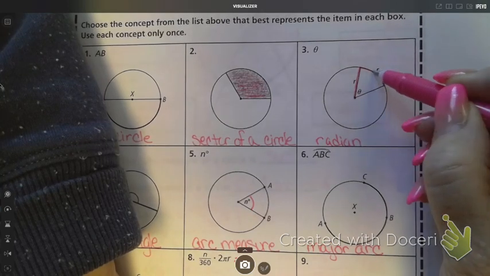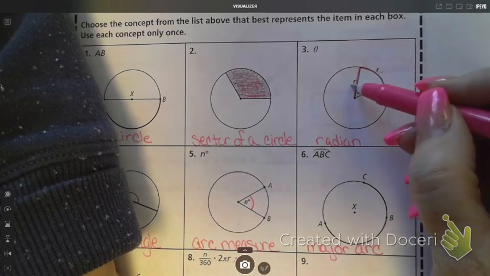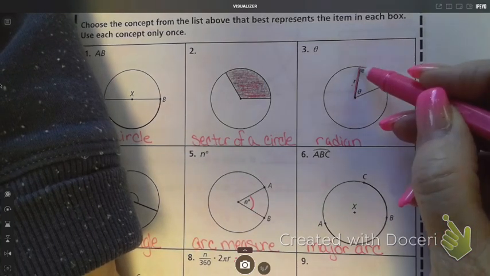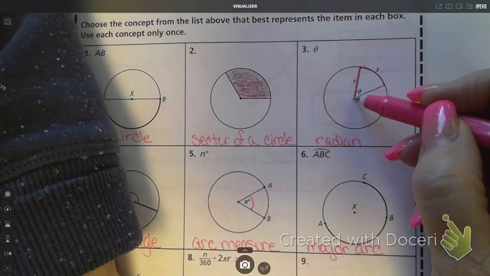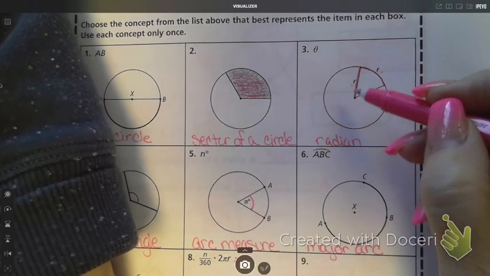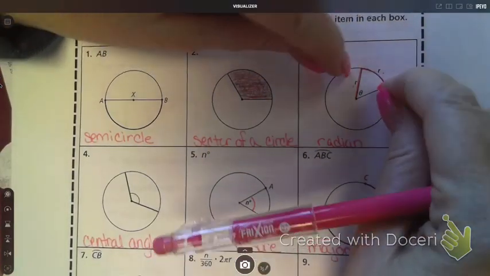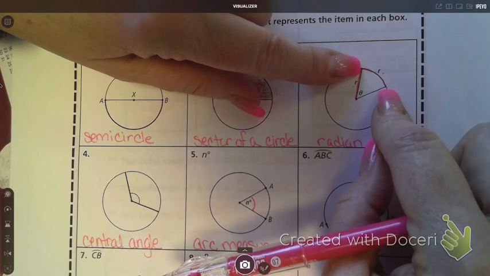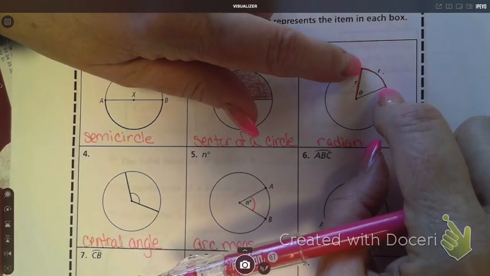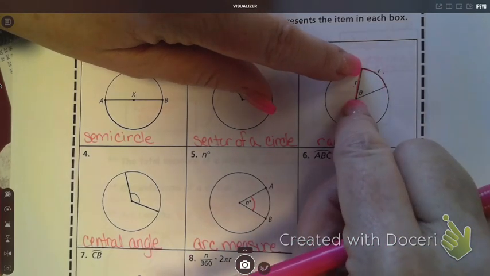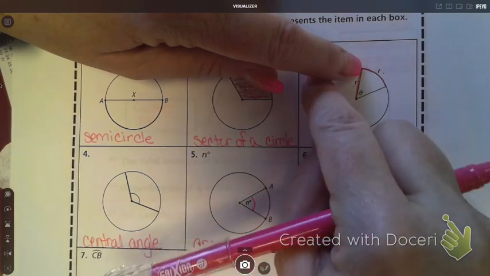Well, if I have the same R, that means this length and this length are equal, doesn't it? Yeah. So what a radian is, if you take the measure of the radius of a circle and you had a piece of string and you measured it and you laid it on the circumference of the circle, that is 1 radian. Okay? So a radian is the radius laid on the circumference of the circle.